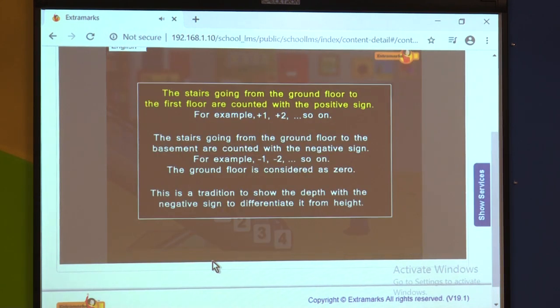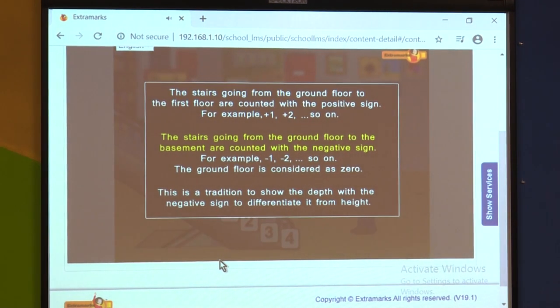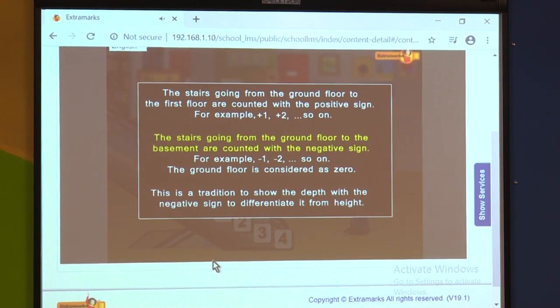Suppose the stairs going from the ground floor to the first floor are counted with the positive sign, for example, +1, +2, etc. And the stairs going from the ground floor to the basement are counted with the negative sign, for example, -1, -2, -3, and so on. The ground floor is considered as 0. This is the tradition to show depth with the negative sign to differentiate it from height.